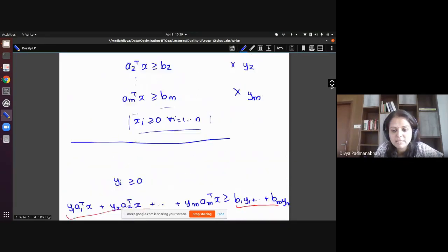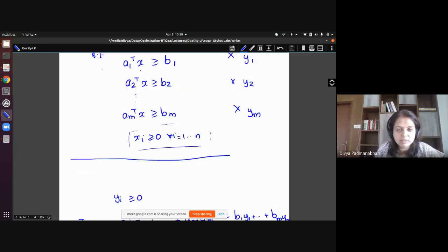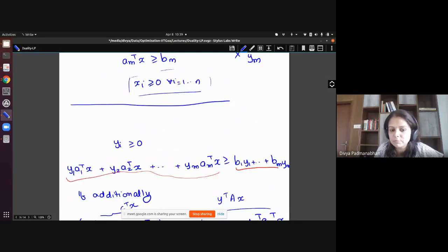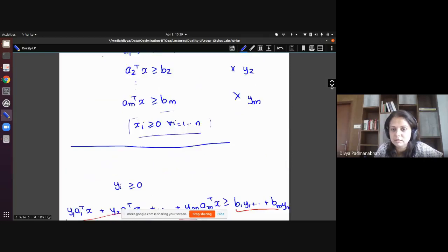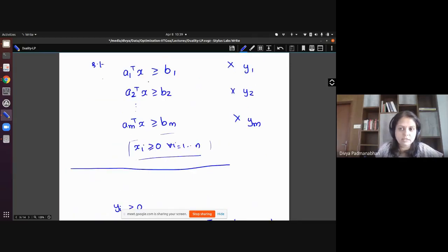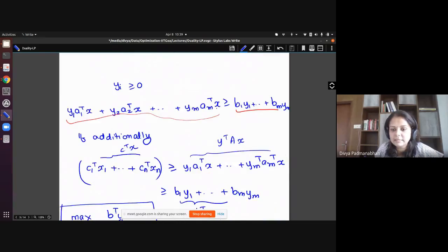The sign gets maintained, the inequalities get maintained. So if you multiply each of the constraints with these multipliers and sum them up, you get B transpose Y is less than Y transpose AX.